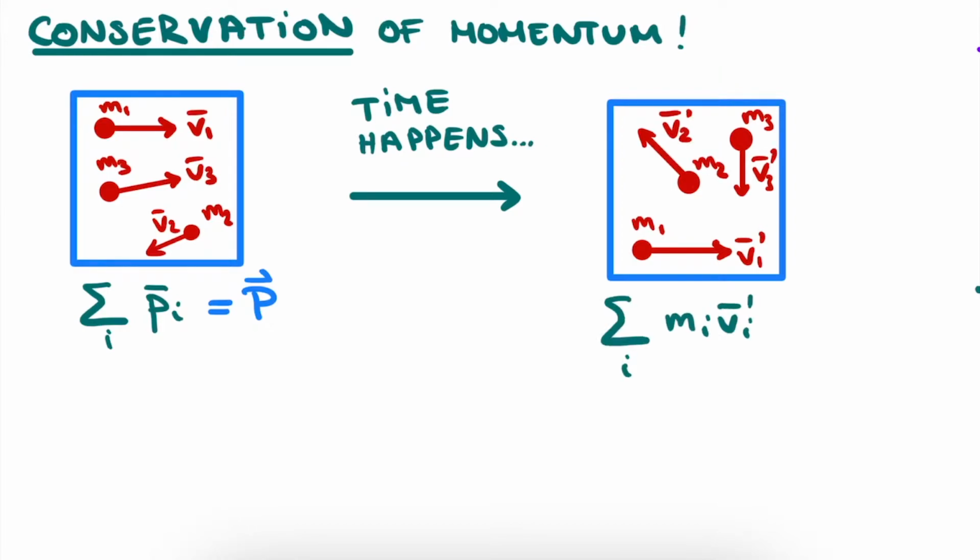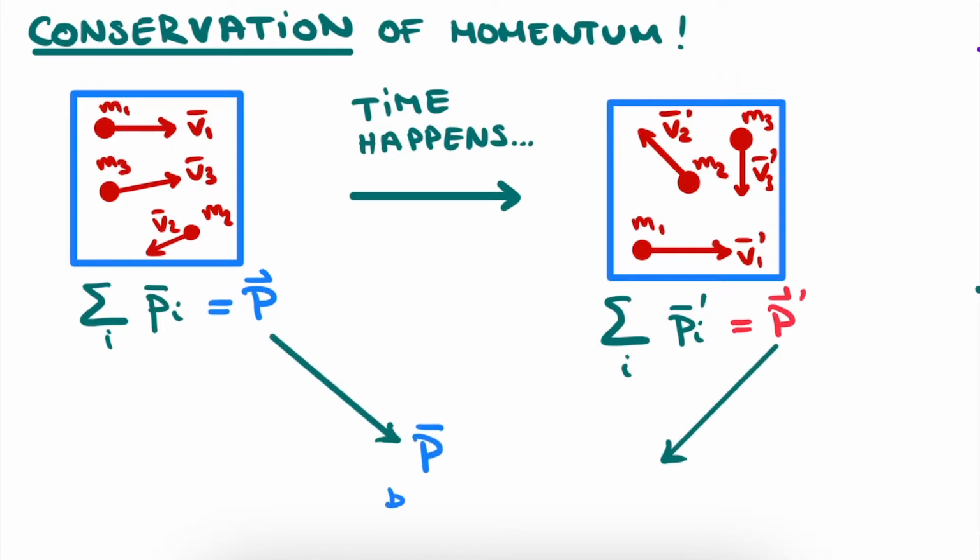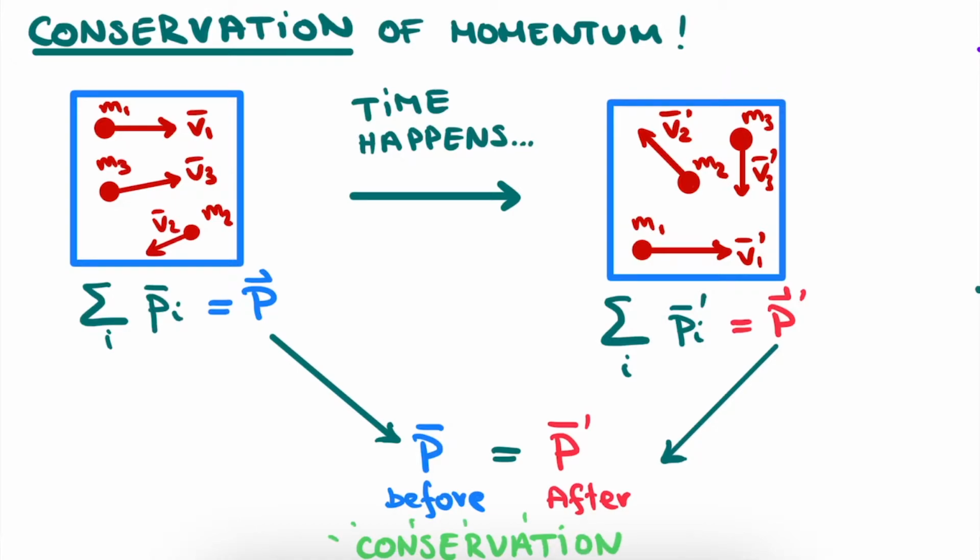Therefore, we can say that the sum of all of the individual momenta before we let the system evolve will be equal to the sum of momenta after we have evolved the system. And in this sense, the total momentum of a system is conserved throughout time. And this is a very fundamental law of physics.